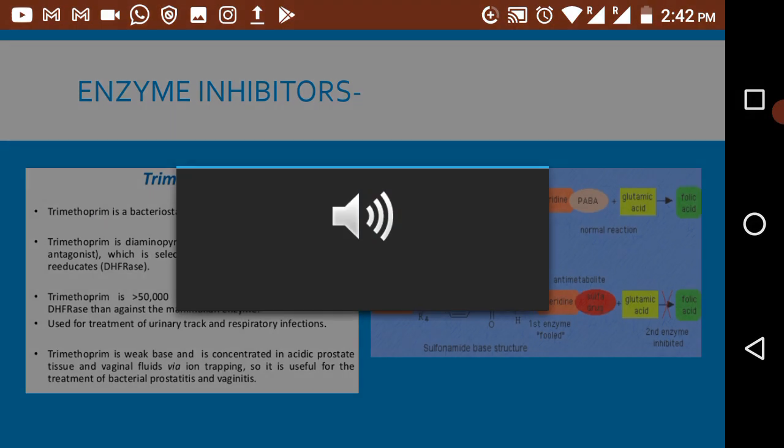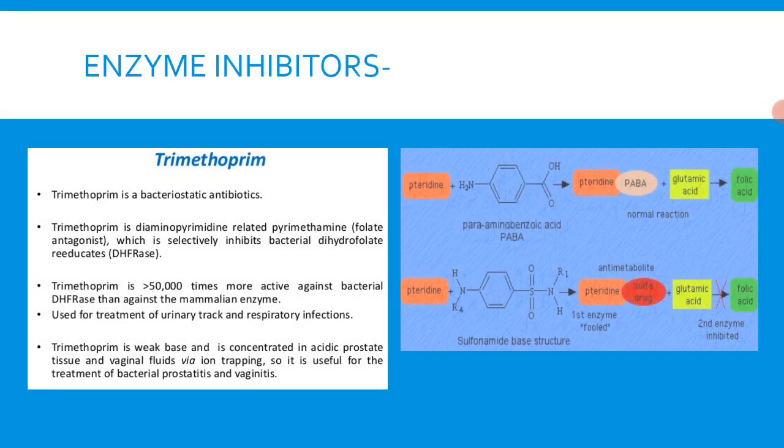Now in the case of the sulfa drug, it has a similar mode of action to trimethoprim. The sulfonamide drug is the structural analog of the PABA. Only this much difference is there. In this picture, as I have mentioned, the red color one is the sulfa drug, because the sulfonamide drugs are the analogs of PABA.